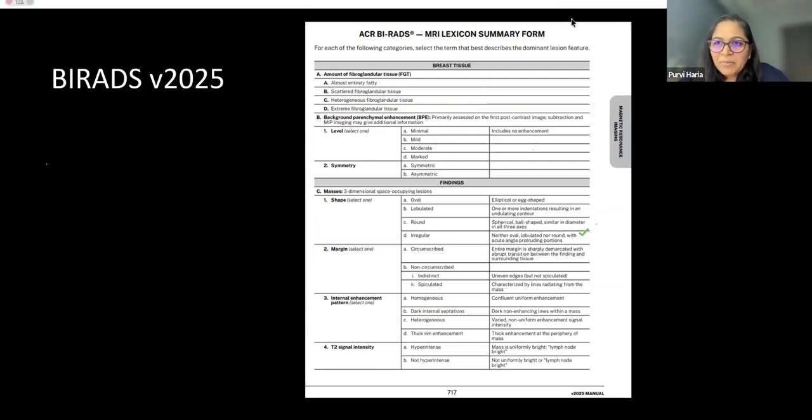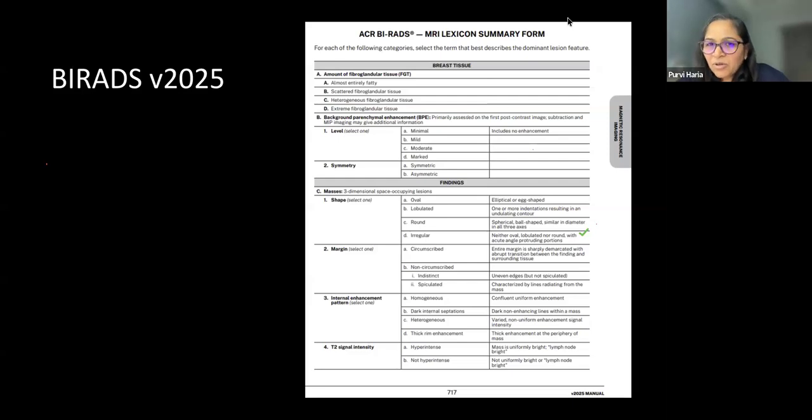These BI-RADS lexicon summaries are available on the ACR website to have a look at. I will just discuss this when we are reporting. In most of the reports you will see everybody following the BI-RADS lexicon. So I thought I'll tell you what it means when we write down certain things.